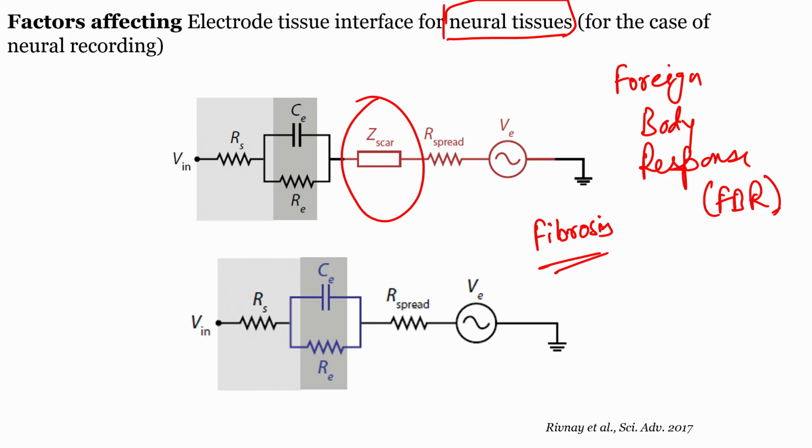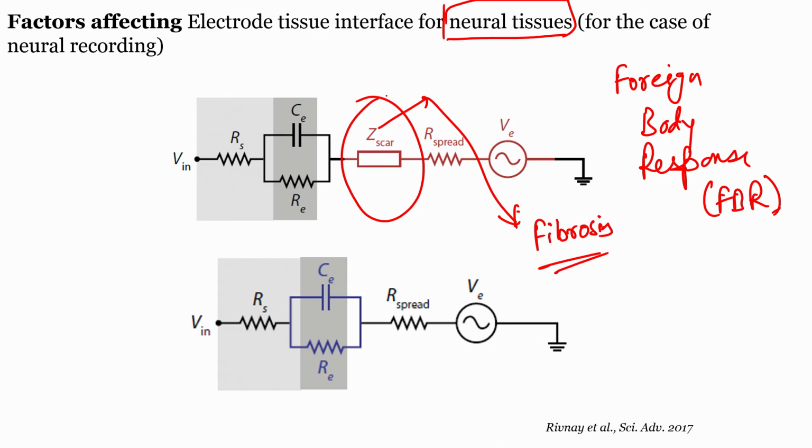It will offer an impedance, and this Z scar is the impedance offered by this particular phenomenon. In a similar way, this Z scar can also occur if there is a presence of blood between the electrode and the tissue. So this Z scar can also be due to blood as well.